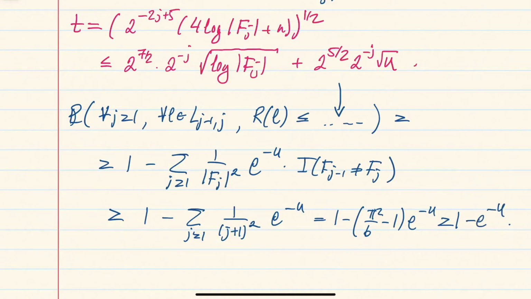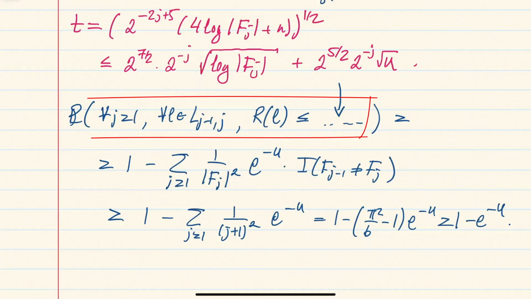So we now obtain a set with the probability that we want. Probability is at least 1 minus e to the minus u, so that the Rademacher process of the link is controlled for all levels j. Okay, and now it just remains to deduce the bound on the Rademacher process at any given f given by this telescopic series from this information.